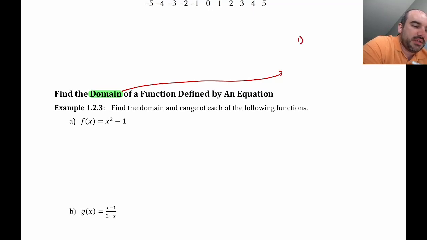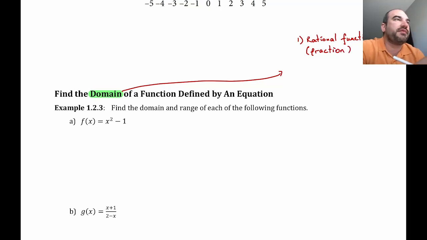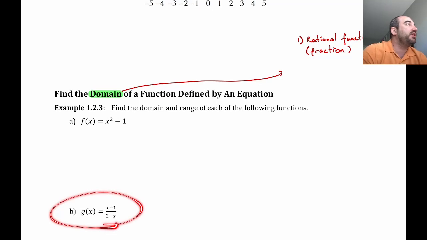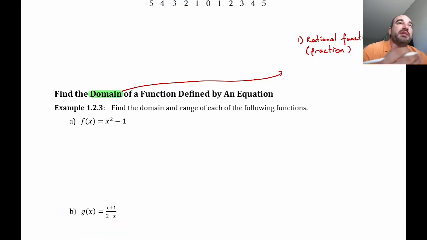One is rational functions, meaning fractions. But not fractions like 2/5 or 1/2. Fractions like this example down here, where you have a function that has variables in the denominator.